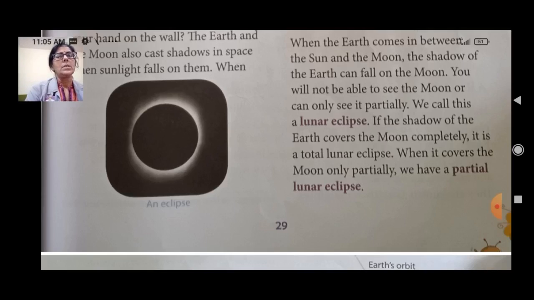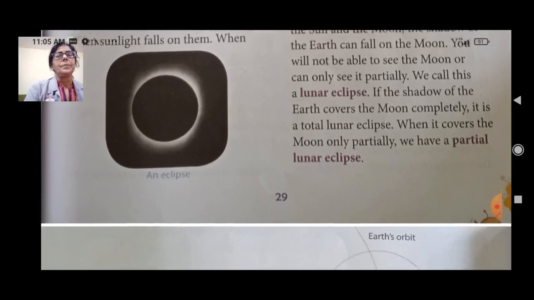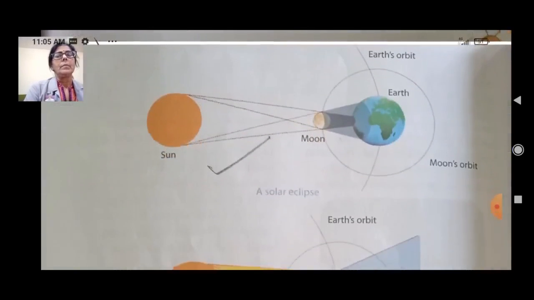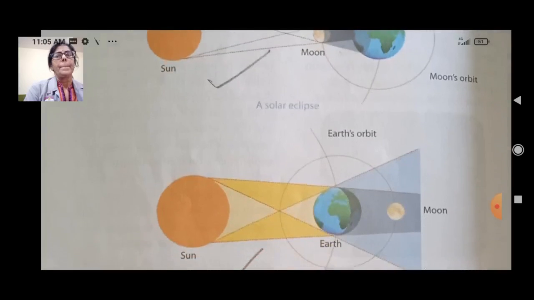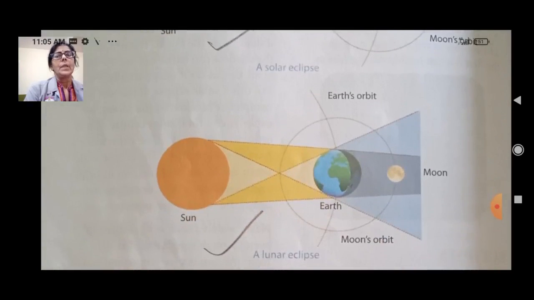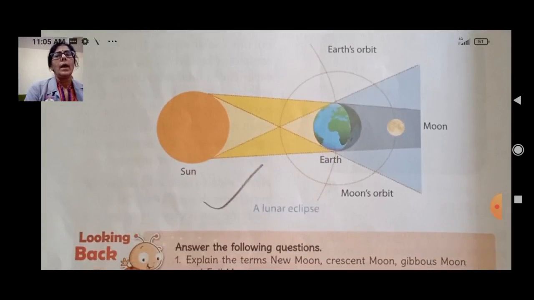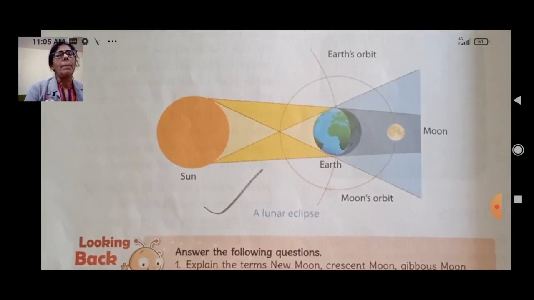When it covers the Moon only partially, we have a partial lunar eclipse, right? Here is the picture of a lunar eclipse. When only a small part is blocked, that is known as a partial lunar eclipse, and if the whole Moon gets covered, that is known as a total lunar eclipse.